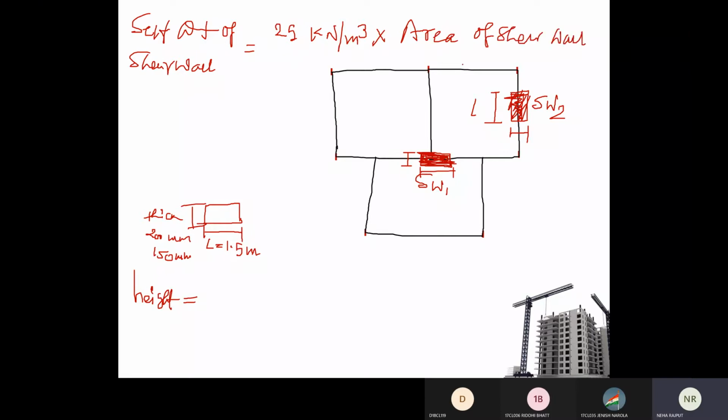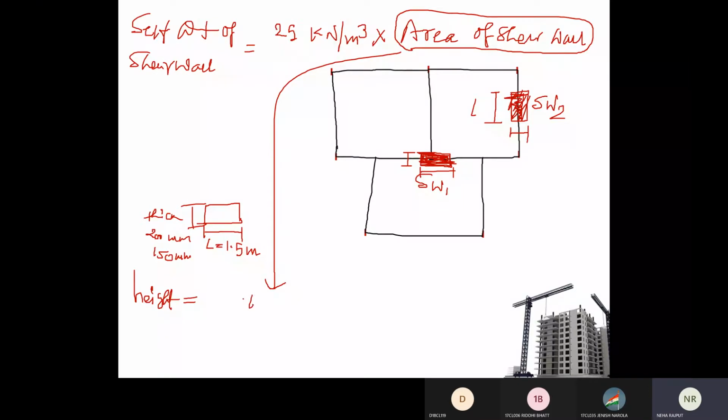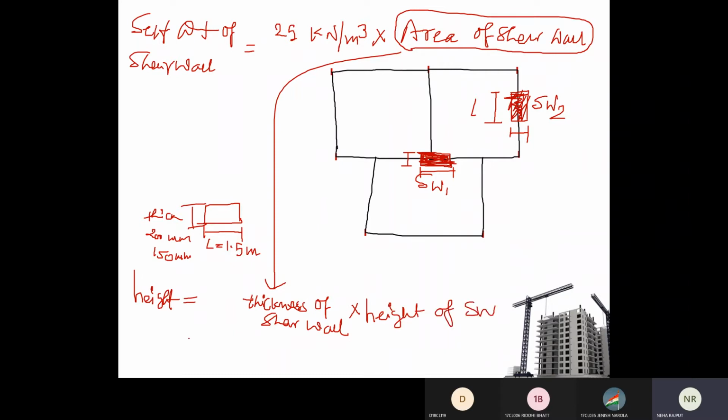Now this area of shear wall you need to consider as thickness of shear wall into height of the shear wall, because you are calculating for each floor.